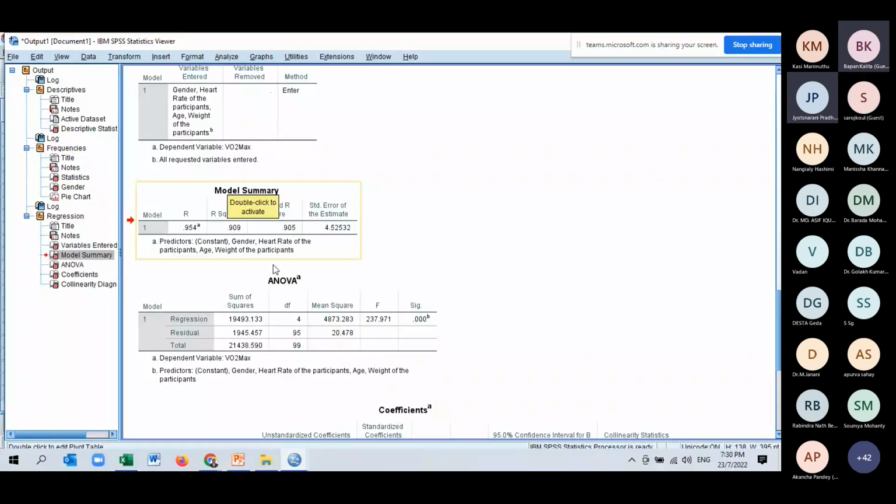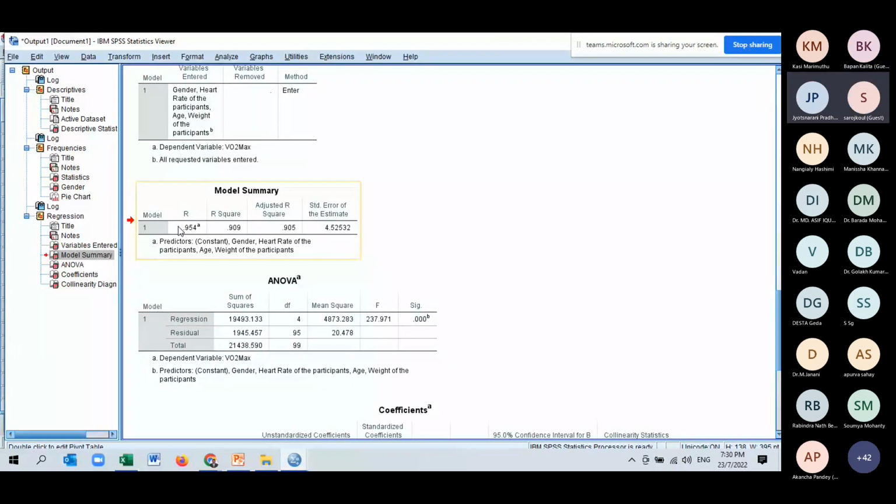And R square is 90.9%, meaning 90.9% of the variance you see in the VO2 max can be collectively explained by the 4 independent variables. The remaining 9% may be some other factors we do not know, which is very good.